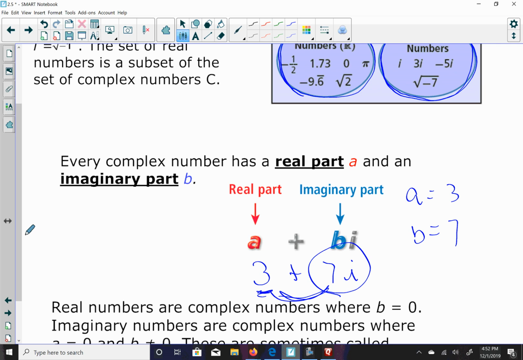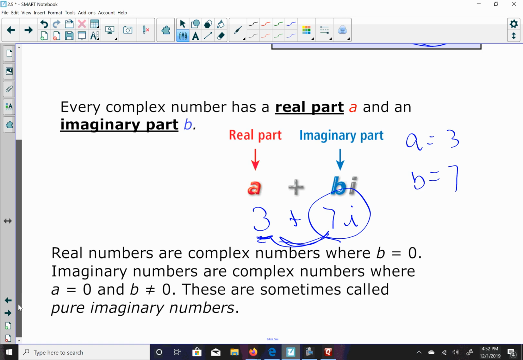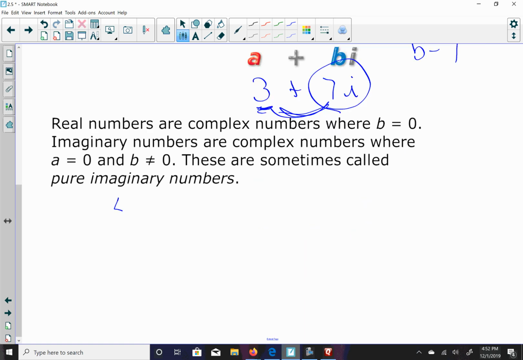Now you can have a complex number. Real numbers are the numbers that we've had so far. If I have something like 4 and just 4, 4 is a complex number where b happens to be 0. So I would have 4 plus 0i, and we would just write that as 4. So that is a real number.